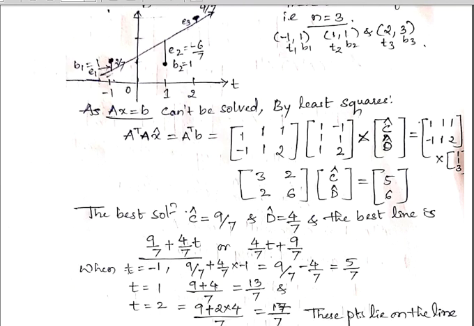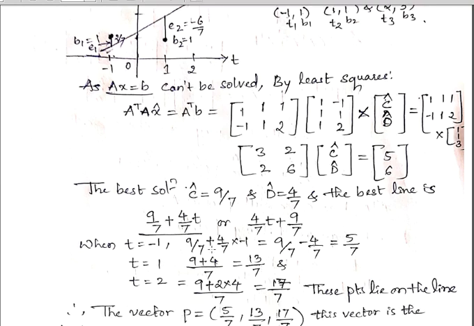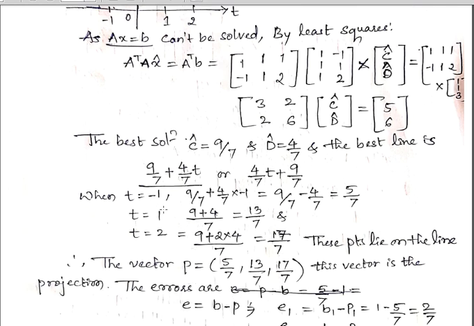When t is equal to minus 1, its value is 5 by 7. When t is equal to 1, its value is 13 by 7. We are just putting the values of t in this equation and getting the values taken by the line at these values of t. When we know the values taken by this line at different points, these points are certainly lying on the line.